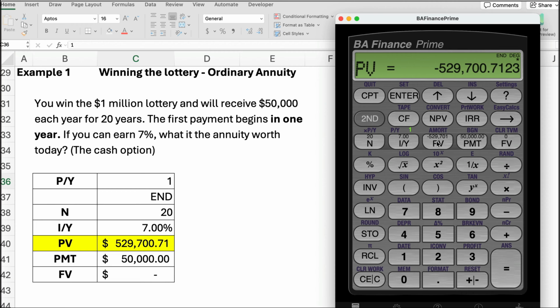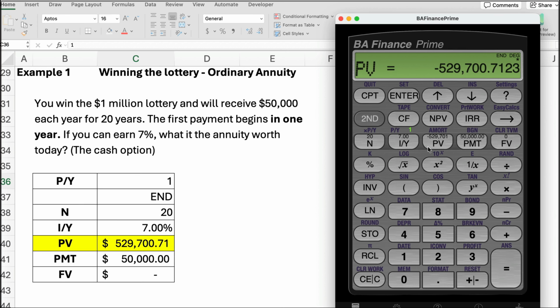That's not really $1 million today, right? If you can earn 7%, then it's worth $529,000. It's worth about half of what they said, about 53%. So that one big cardboard check of $1 million is fake, right? You're earning $529,000.